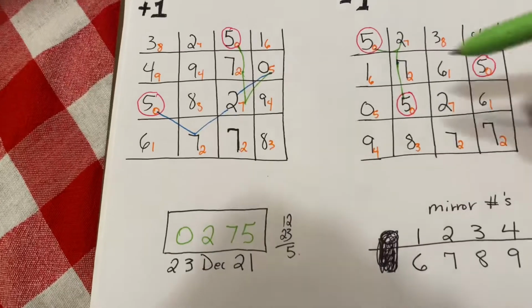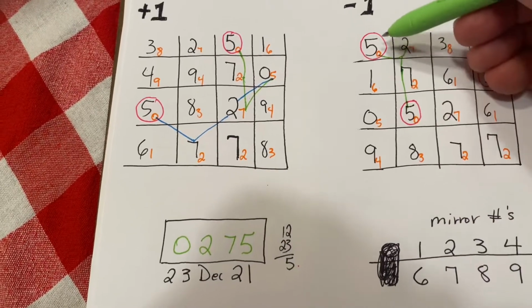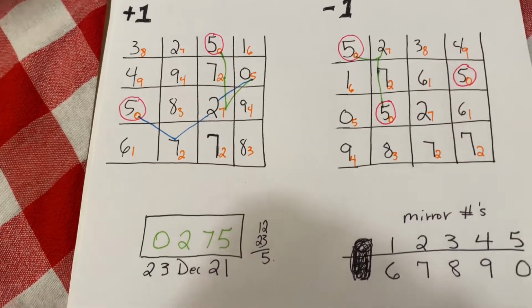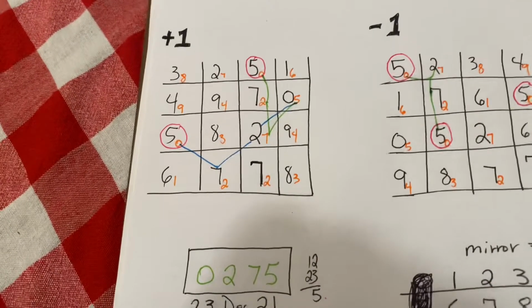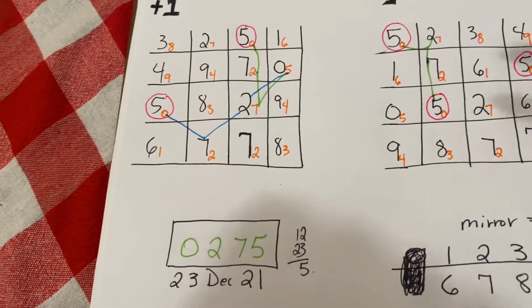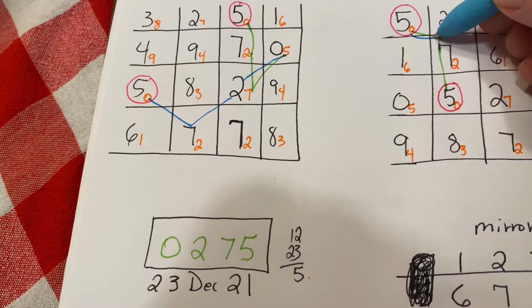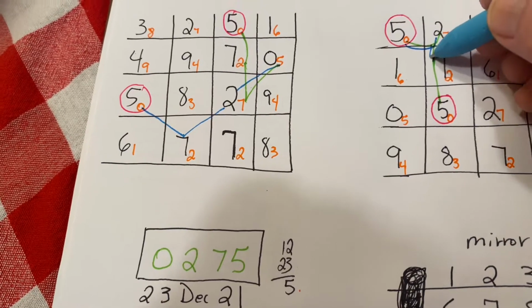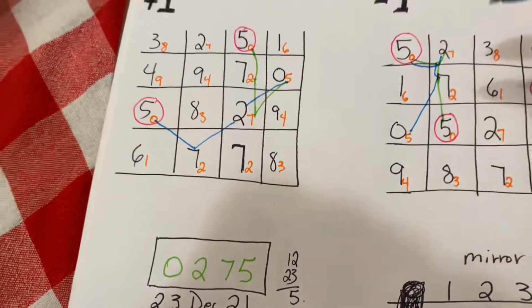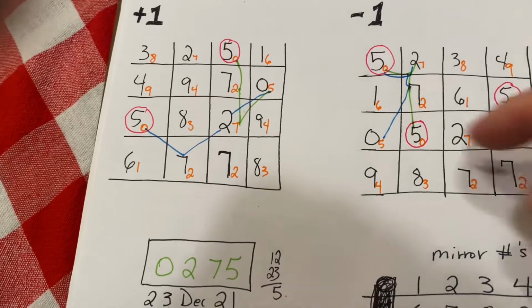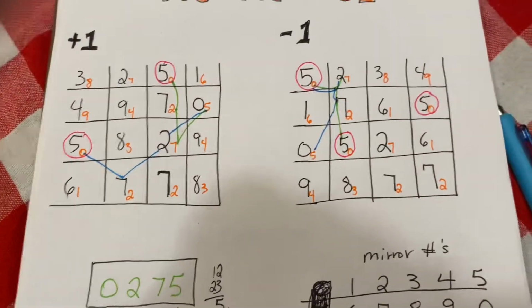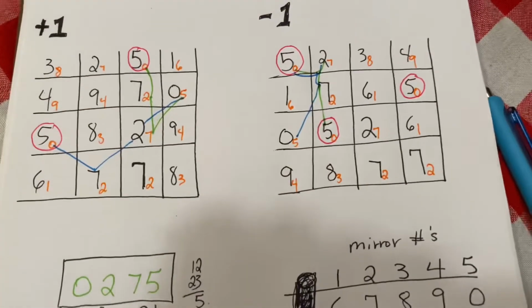We have 2 date sums. See how I'm keeping it in the date sums? That's what we're trying to do. Or if we could do it another way, we could do another pattern. 0, 2, 7, 5. Like that. So we have 2 patterns there. Excuse me. Didn't mean to bump the camera.